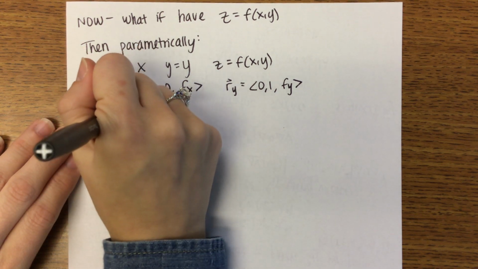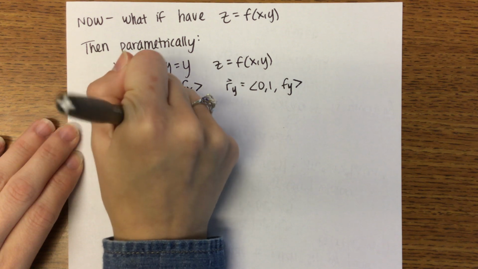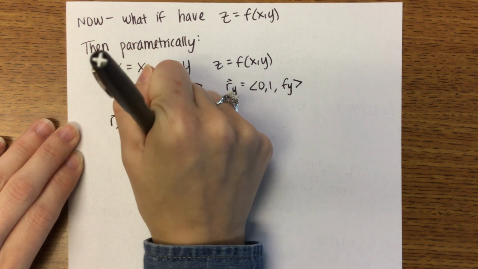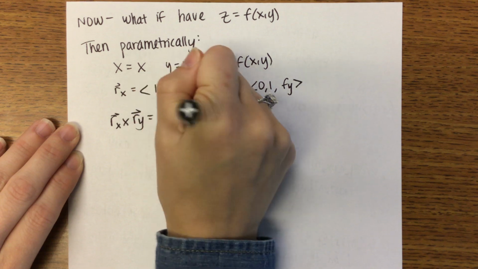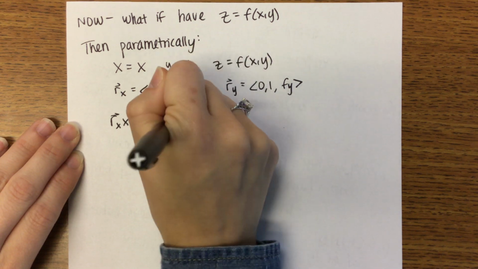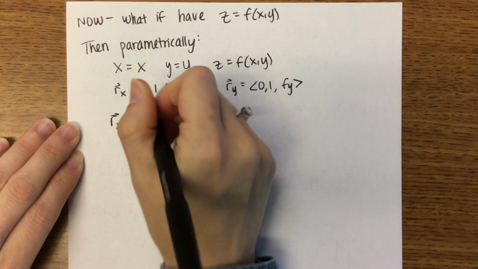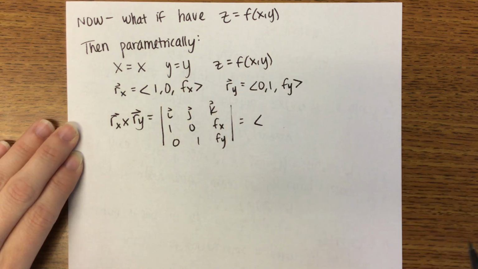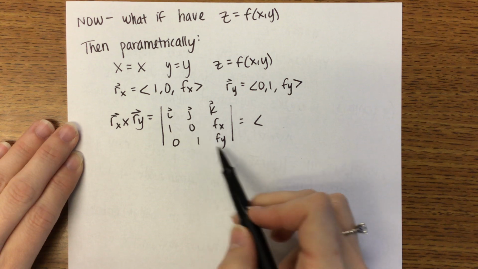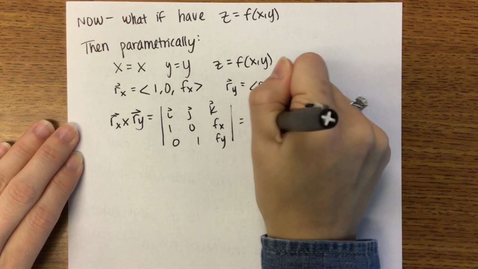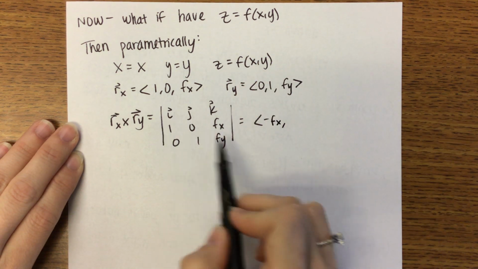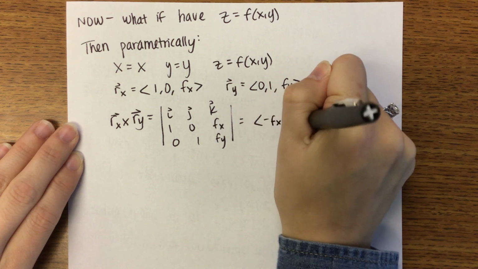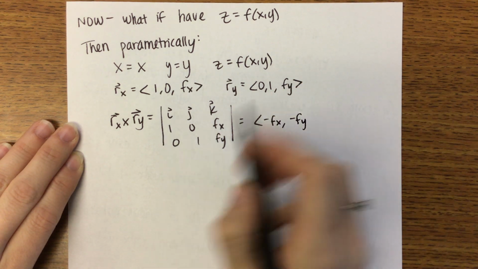So then we would take r of x and cross it with r of y. In which case we get 0 minus f of x, so negative f of x, f of y minus 0, but then flip the sign, and then 1.